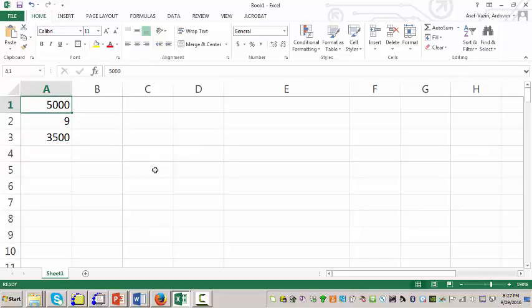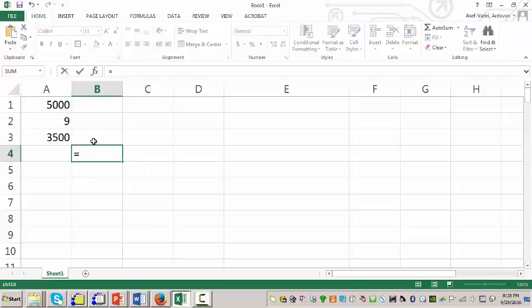We have put down $5,000. After 9 years, our money has gone down to $3,500. We want to use Solver to find what our average return was over this 9-year period. Indeed, its return was negative. So I come here and use equal to the future value formula.